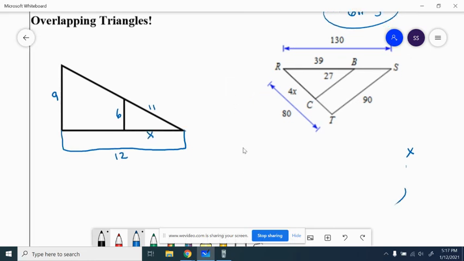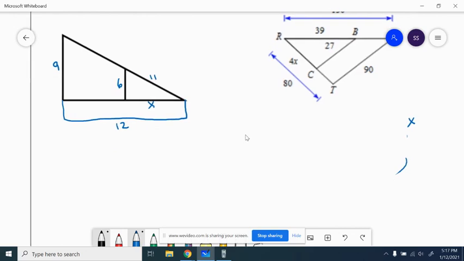Okay, so we can still set this up the same way we did before, where we have a big triangle and a small triangle. So just make sure you find the sides that match up. This one seems easiest to recognize that we have the large triangle.